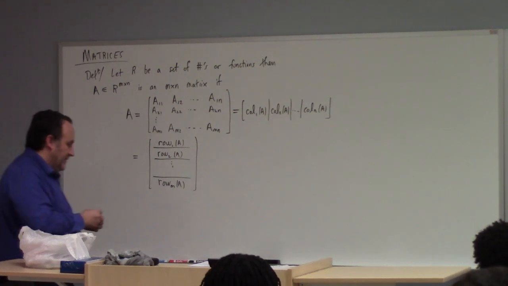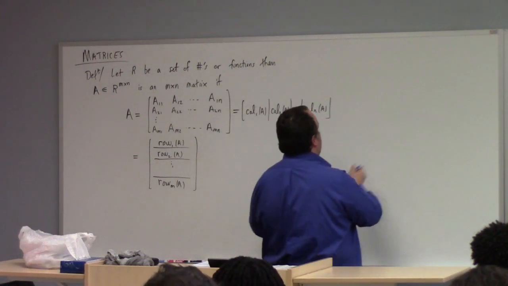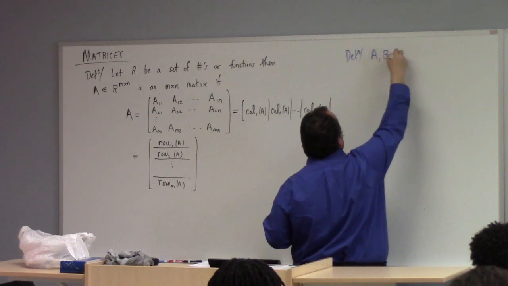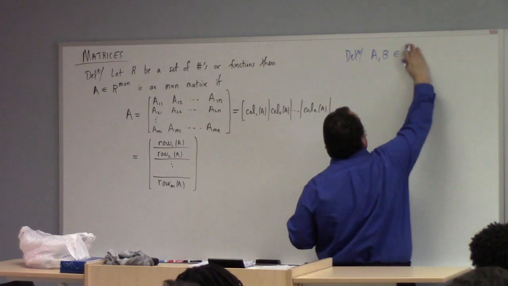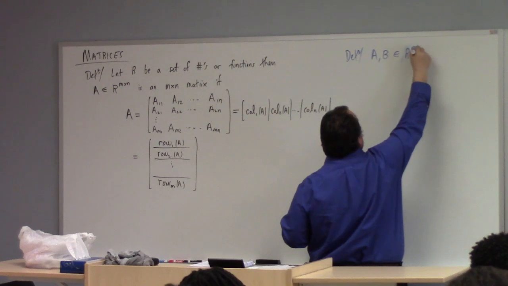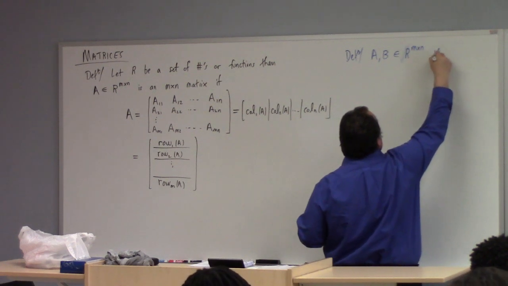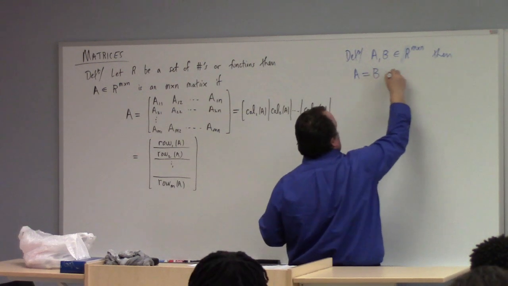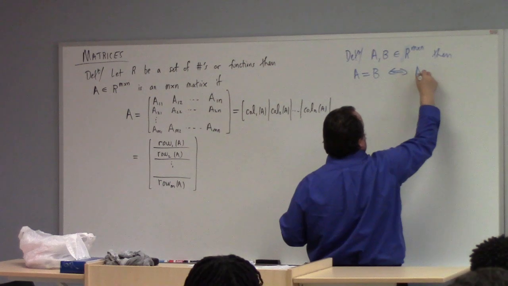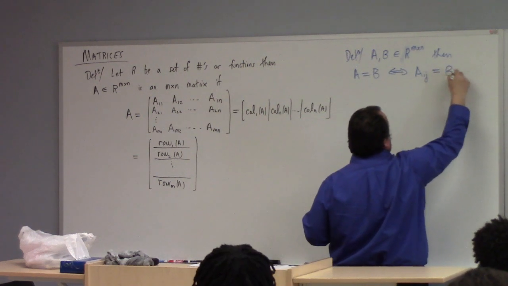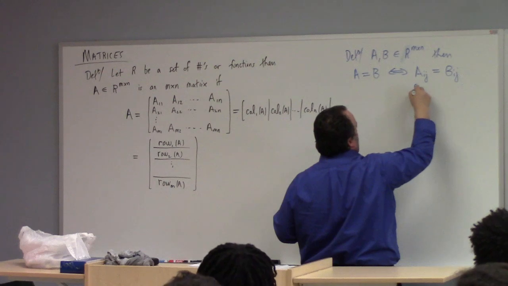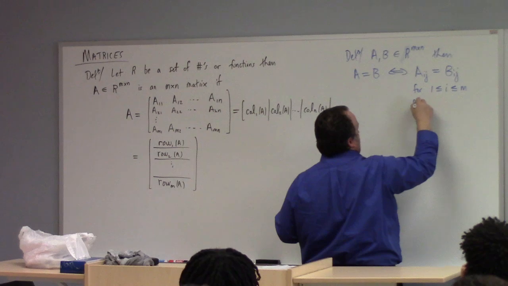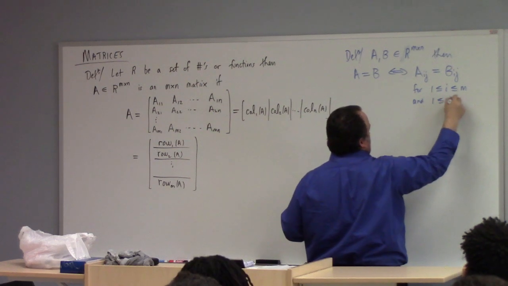Two matrices are equal. What does it mean for two matrices to be equal? Definition: A and B, both in, let's say, R^(m by n), then A equals B if and only if Aij is equal to Bij for 1 less than or equal to i less than or equal to m, and 1 less than or equal to j less than or equal to n.